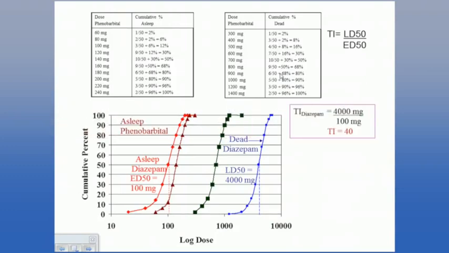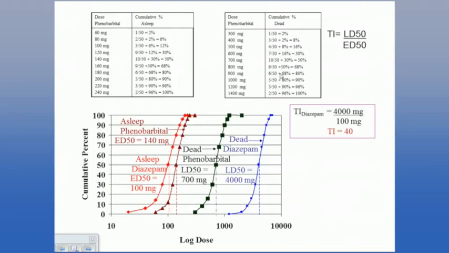However, let's compare it to phenobarbital. This was a drug used as a sleep aid very commonly back in the 1960s. So let's look at the ED50 for phenobarbital. Not that dissimilar at all to the ED50 for diazepam. But when we now look at the LD50 for phenobarbital, we see that in fact it's an awful lot closer.